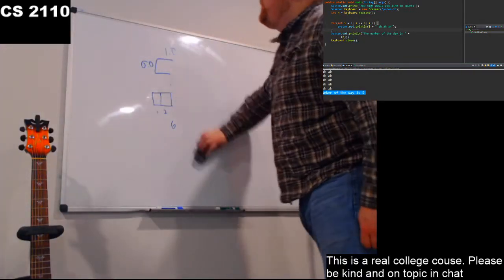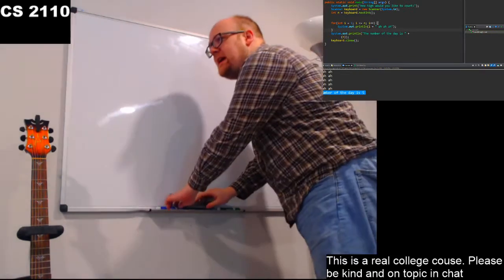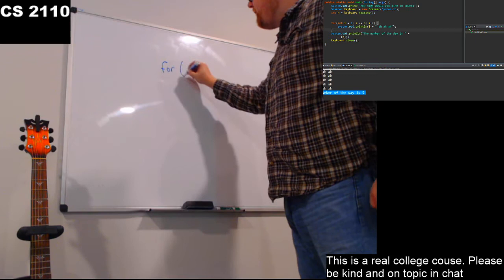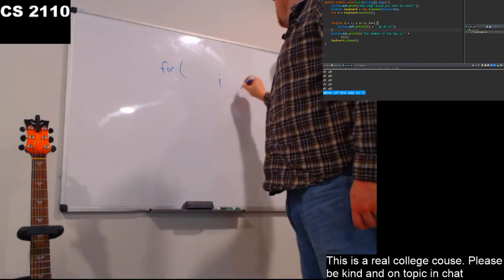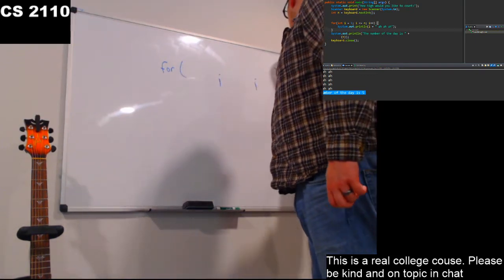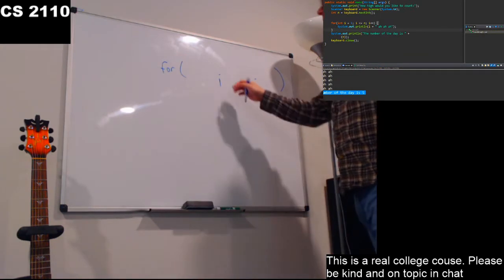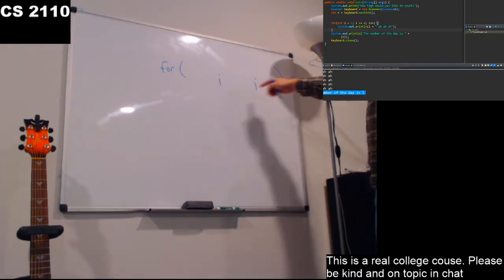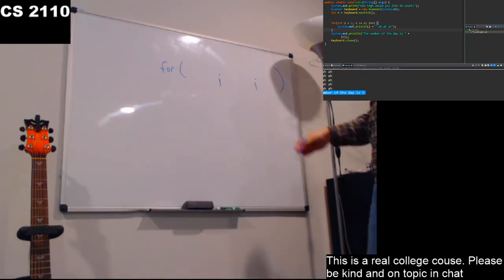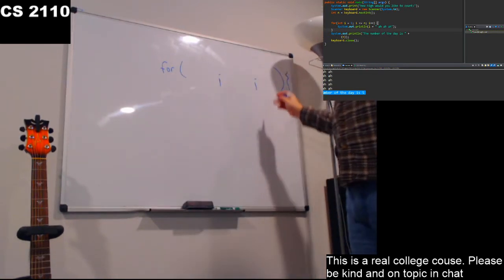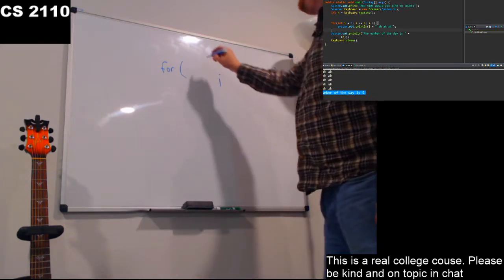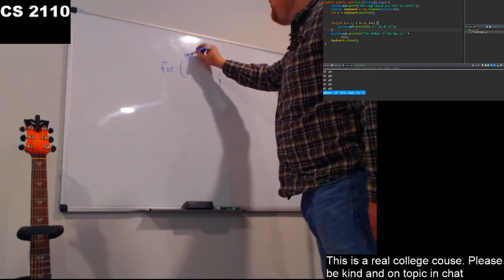So the for loop has 3 components. For, those 3 components are separated by semicolons. Note that there is no semicolon after the last one. You'll typically have an open bracket. The first is our initialization.